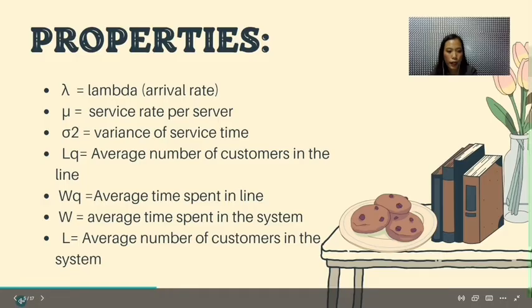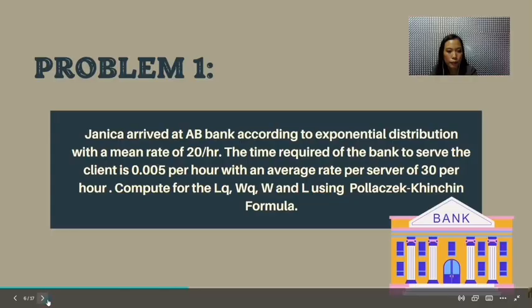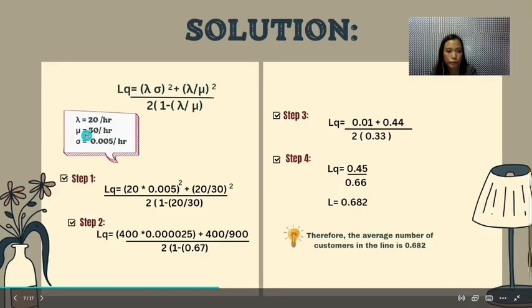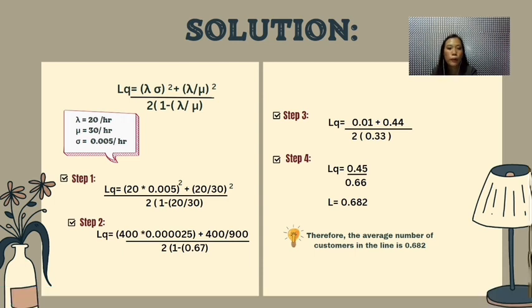So, going back dun sa problem, since we already identified yung important variable nitong given problem, we can now proceed to calculate the M/G/1 queue model using the first formula, which is the average number of customers in line.